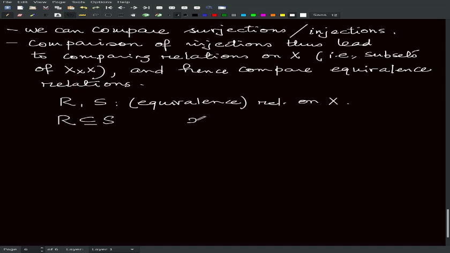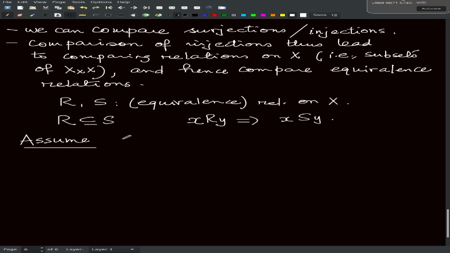Explicitly it means if x R y, then it implies x S y. Okay? So that's the whole idea. Now assume R is an equivalence relation.